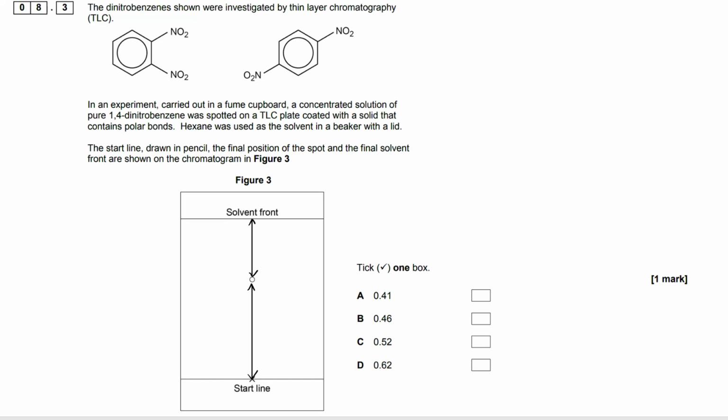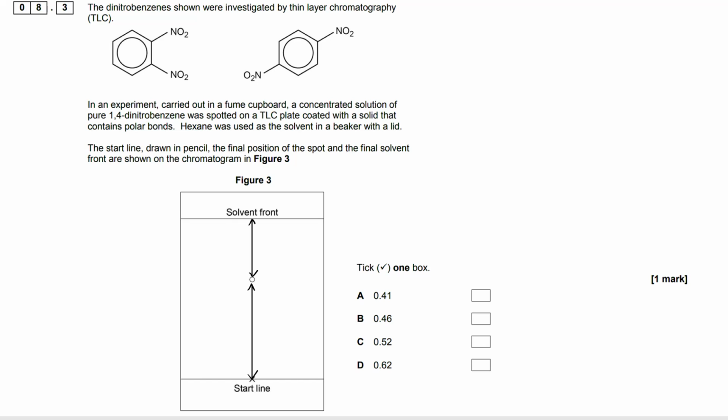The first thing that I'm going to do is have a look at the 2 distances that we would need to measure. We've got, for the RF value, the distance that the component has moved, and we've got the total distance of the solvent front.